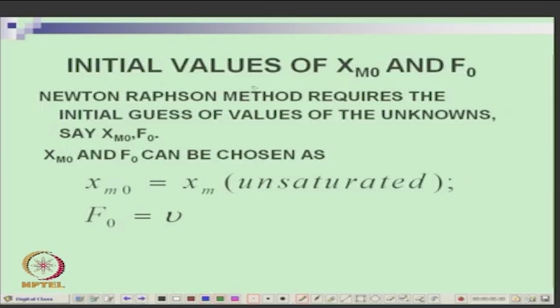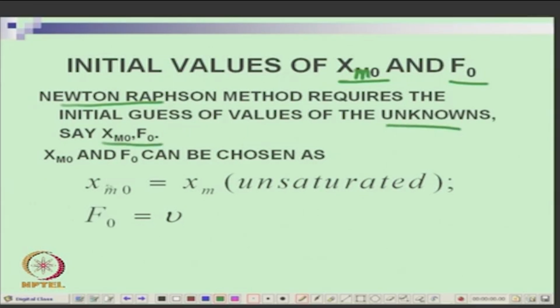So, what will be the initial value? Guess an initial value. What will be the initial value of x m? I call it x m naught, and the initial value of f I call f naught. You must guess. Newton's method requires an initial guess of the values of the unknowns, x m naught and f naught.